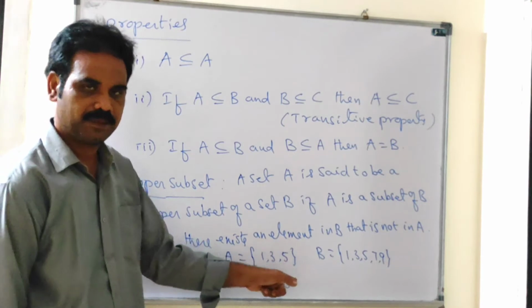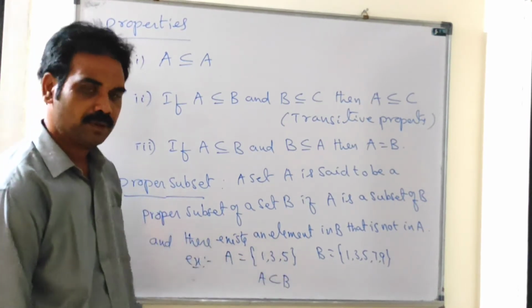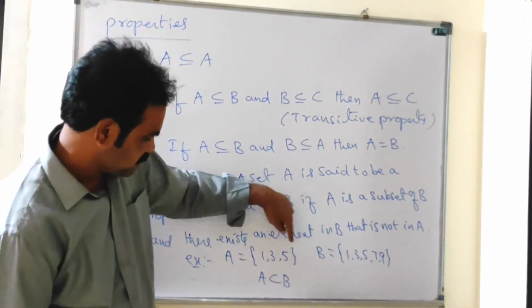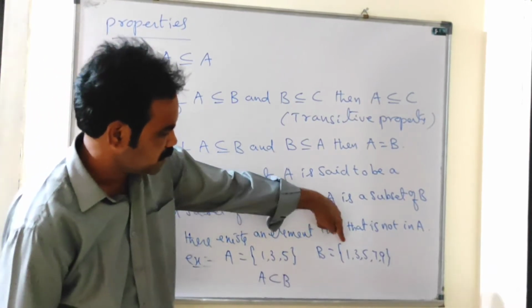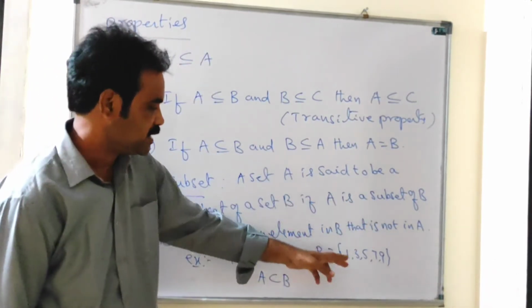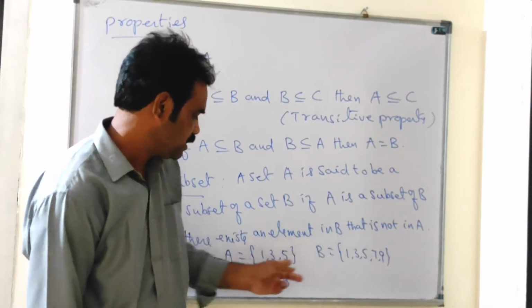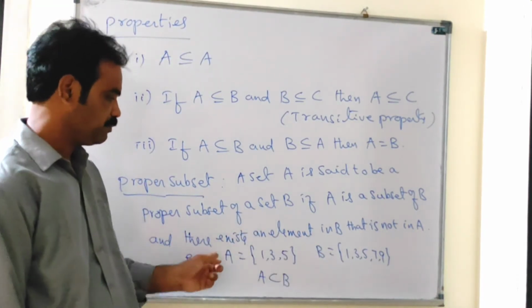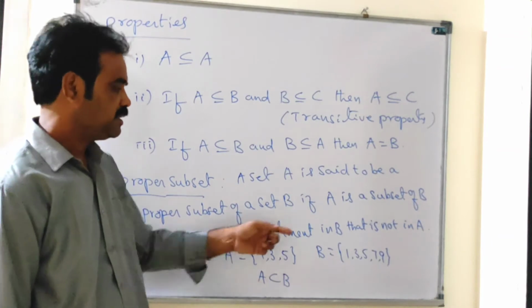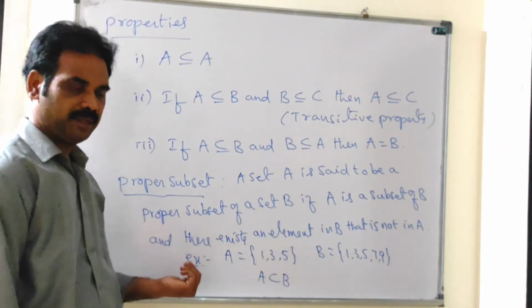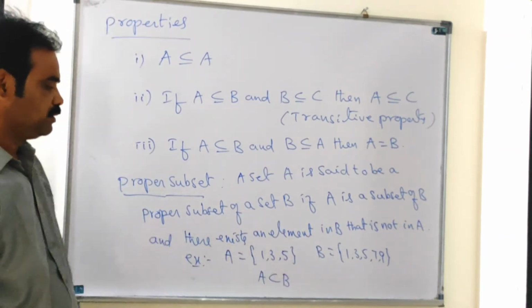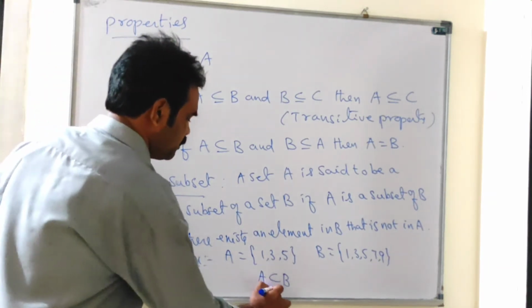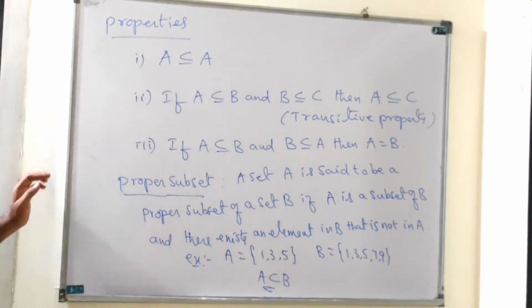Observe these two sets: here 7 and 9 are not in A, and every element of A is in B. First A is a subset of B, and there exists an element in B which is not in A, and hence A is a proper subset of B.